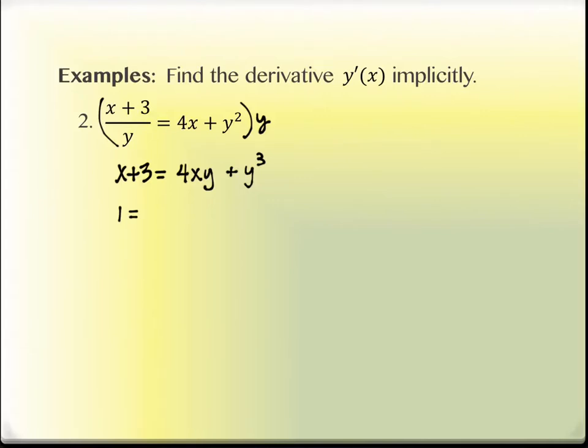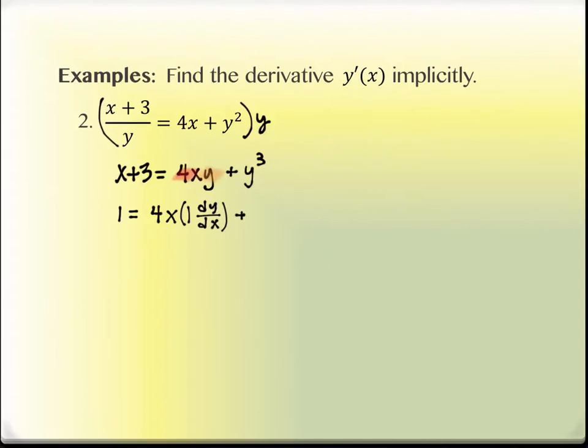On the right-hand side, I have two pieces, right? I have 4x, and then I have y. So I treat it like a product rule. Product rule says I leave the first piece alone, 4x. And then I need the derivative of y. What's the derivative of y? 1 dy dx. You don't necessarily have to have the 1, but if you want to write it as a reminder for now, fabulous.